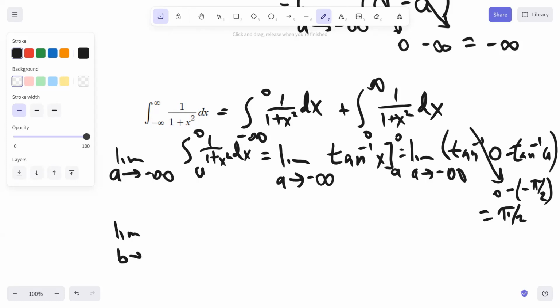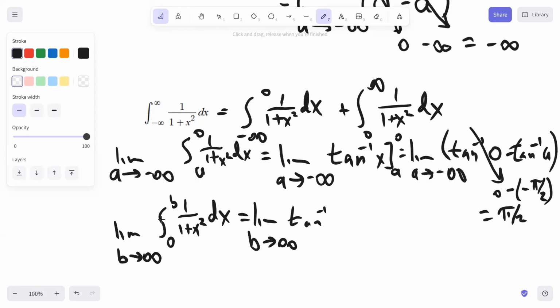So we'll do the limit as b approaches infinity of the integral from 0 to b of 1 over 1 plus x squared dx. This is going to be the limit as b approaches infinity of tangent inverse. We're going to plug in the b minus tangent inverse of 0. Tangent inverse of 0 is 0.